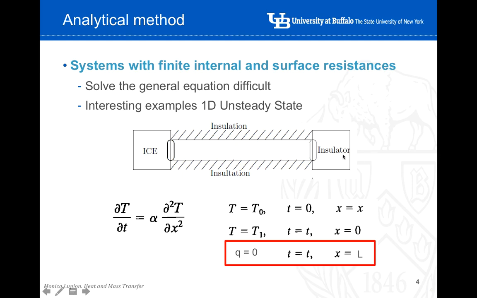This is the initial condition, but then at a given time t, at x equal to 0, we have a certain temperature, and when x is equal to L, there is an insulation, so the heat transfer rate is 0.